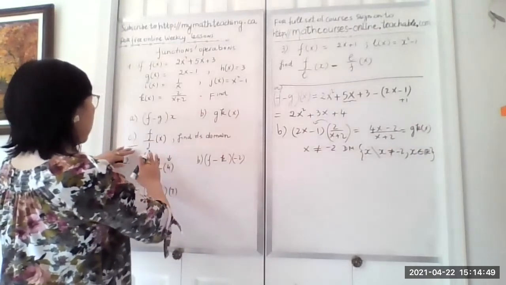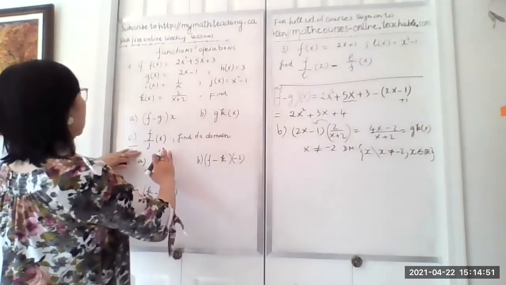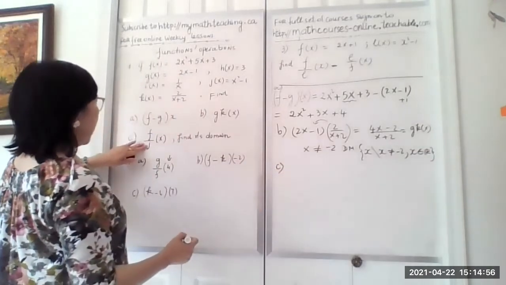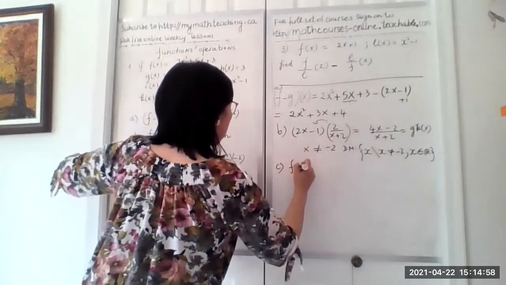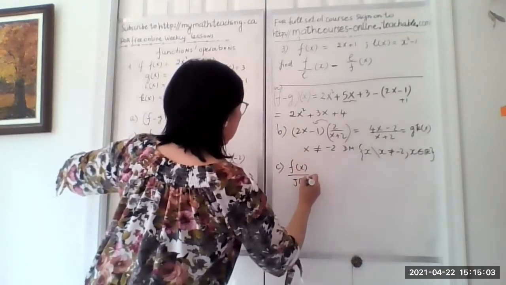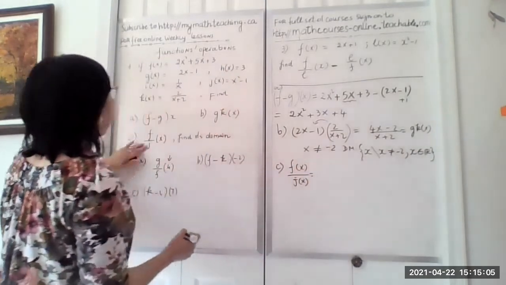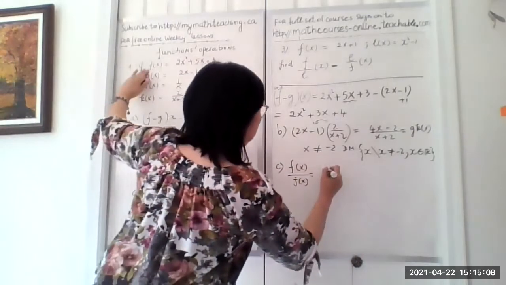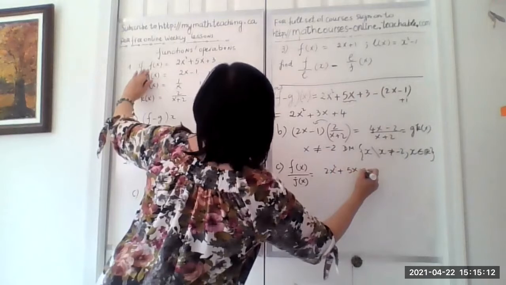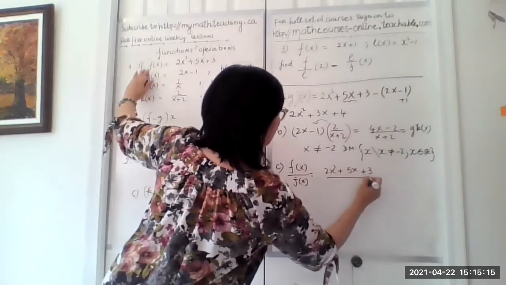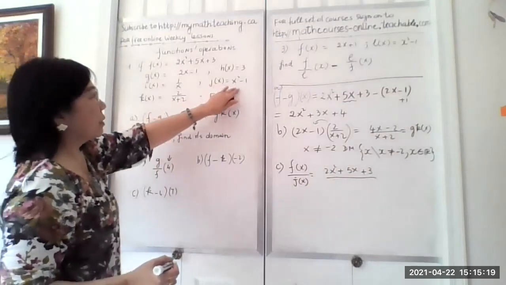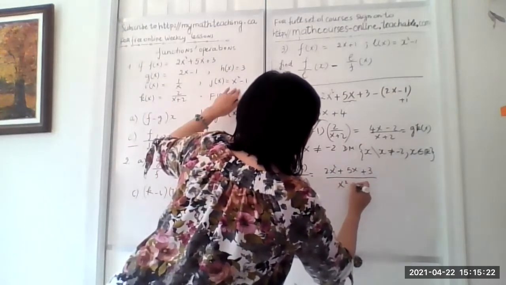Now let's do the next one, which is part c. We'll do f divided by j of x. Our f of x is 2x squared plus 5x plus 3, divided by j of x, and our j of x is x squared minus 1.